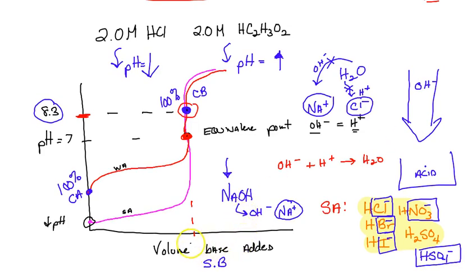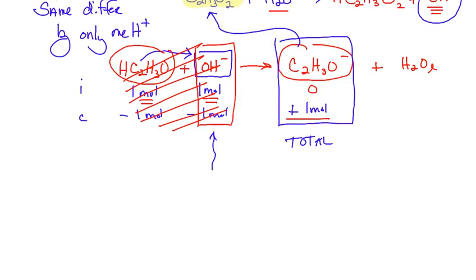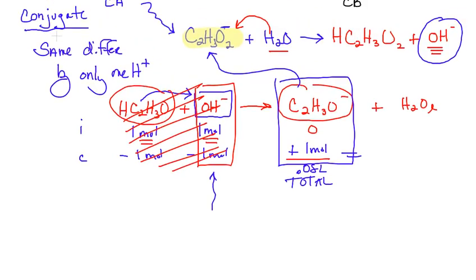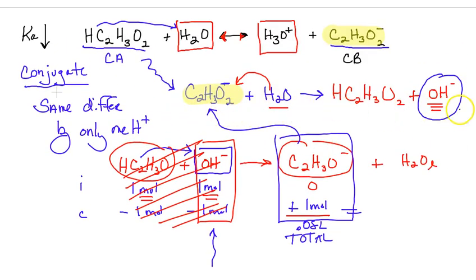Well, we have maybe 40 milliliters of base added into a beaker that had 40 milliliters of acid. Maybe it's 80 milliliters. So I divide that by 0.08 liters because molarity is moles over liters, and I'm trying to get into molarity. And once I have that concentration, I can do an equilibrium problem here and set up my initial concentration.